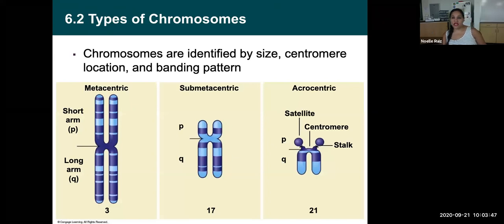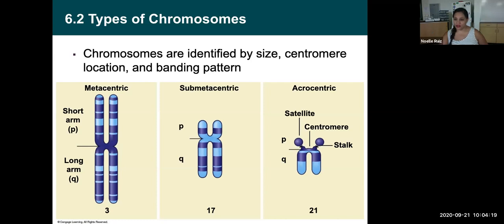Chromosomes are identified by size, centromere location, and banding pattern. Like I said, it's not just a chromosome anymore. You gotta learn the different pieces of them. You got a short arm and a long arm. When they're even, they're called metacentric. Meta means middle, and the centric means center, so the centromere is in the middle. Submetacentric is when the short arm, or the P arm, is shorter than the Q, or the long arm.